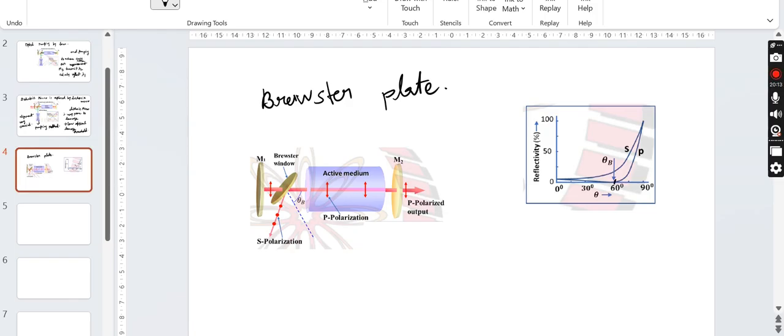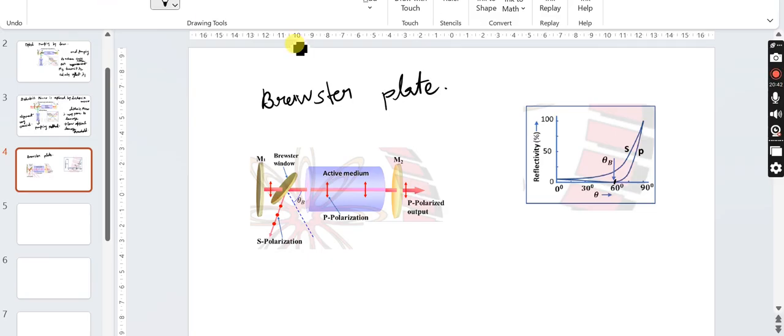So the Brewster angle: this graph shows the reflectivity with the angle, and around a 58-degree angle in air, Brewster reflection happens. What happens at that angle is that the p-polarized light becomes 0 in the reflected beam, but the s-polarized beam is still there.